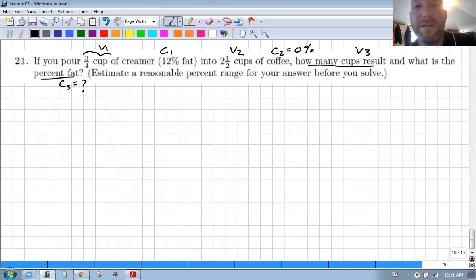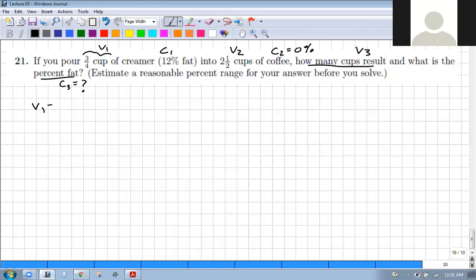So I'm thinking something small, like 2 or 3% maybe. What do y'all think? I was also thinking about 3%. All right, let's plug in our numbers here.